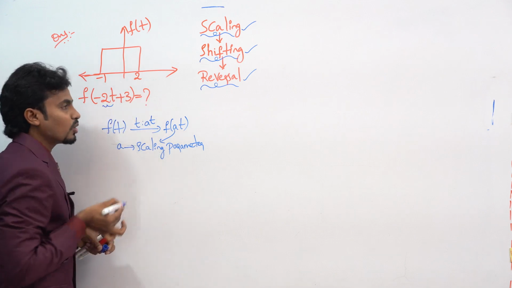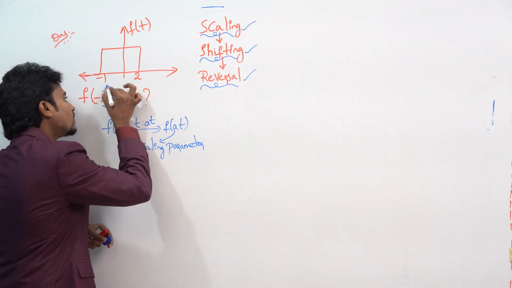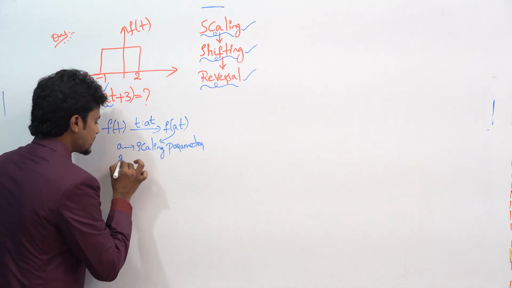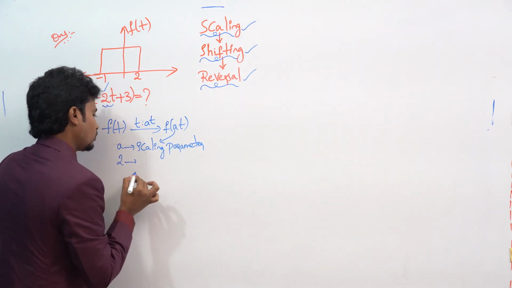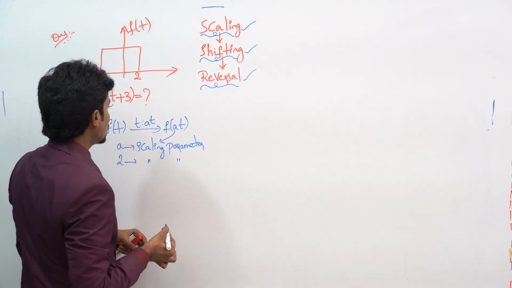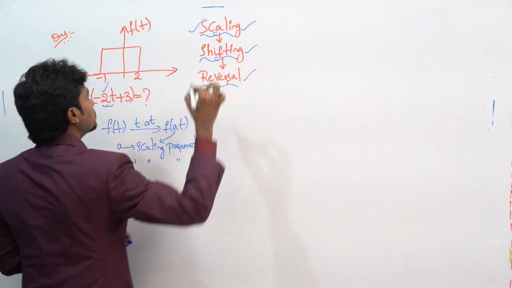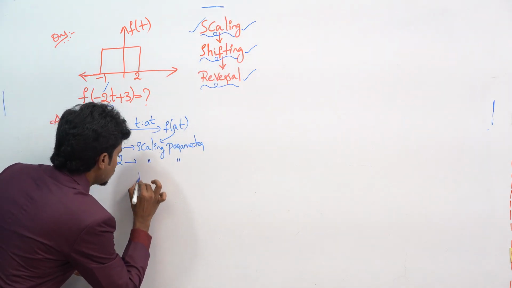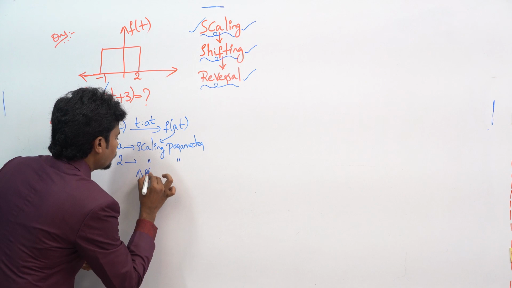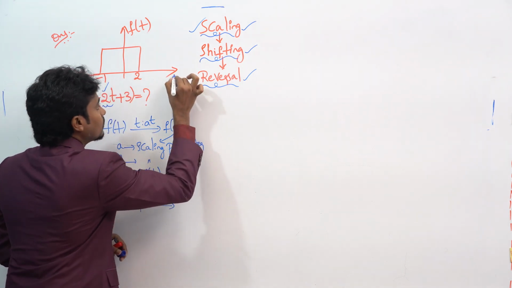In this question, what is the scaling parameter? The scaling parameter is 2 in this problem. So apply the scaling parameter. Here this is f of t, and here this is t.